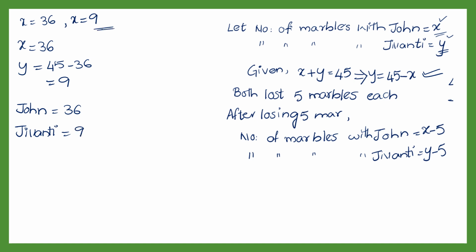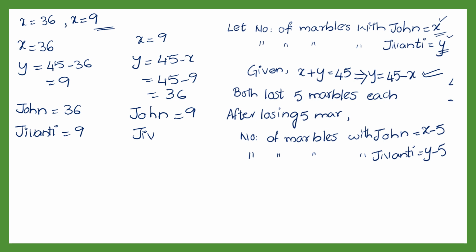If we assume x is equal to 9, then y is 45 minus 9, that means 36. So the initial number of marbles with John is 9 and with Jivanti is 36. So we got two answers. If marbles with John is 36, Jivanti will have 9. If marbles with John is 9, Jivanti will have 36. This is the answer.